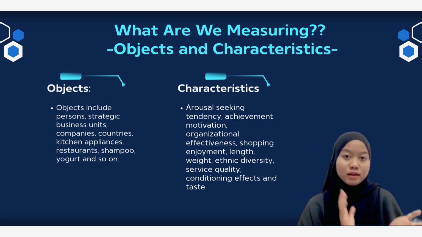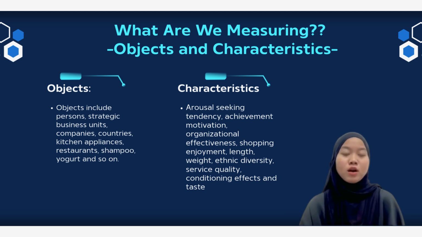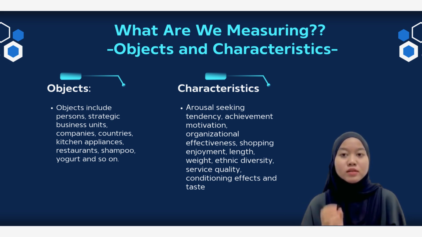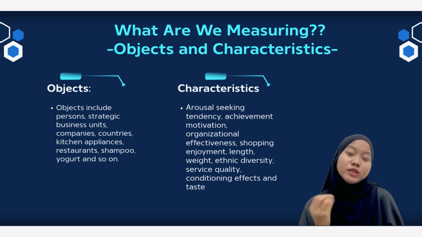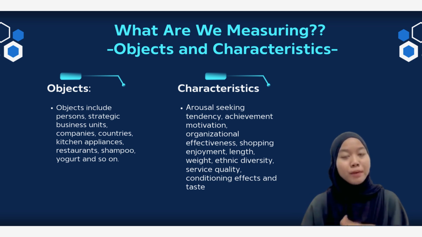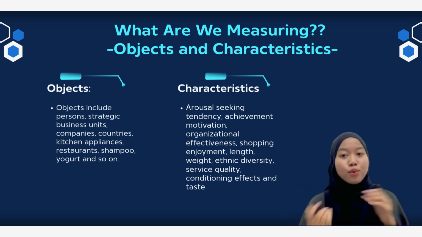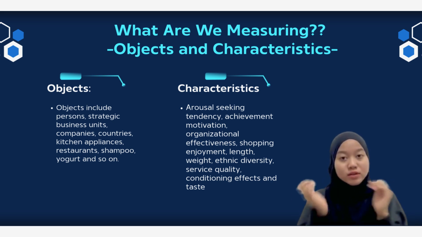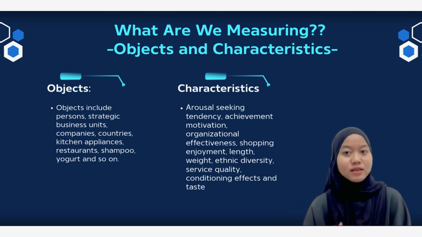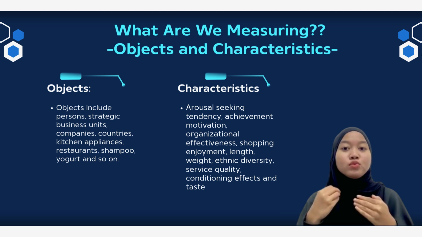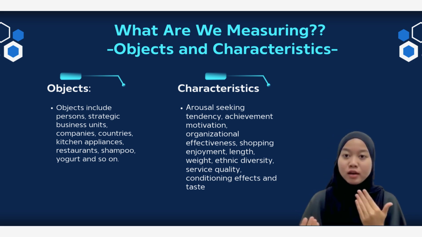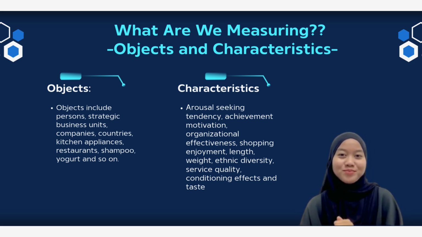Then, back to characteristics, examples of characteristics of objects are arousal-seeking tendency, achievement motivation, organizational effectiveness, shopping enjoyment, weight, ethnic diversity, service quality, conditioning effects, and taste. The purpose of this is that understanding the characteristic helps you decide what to measure and how to measure it.